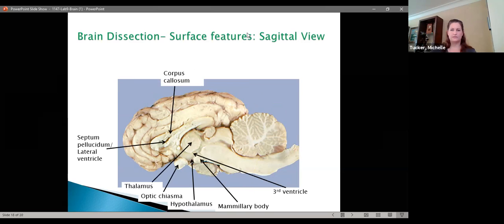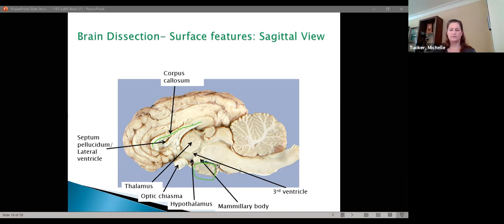This is just, again, showing you that this is the corpus callosum. We have the lateral ventricle, the space that's separated by the septum pellucidum, the thalamus, the hypothalamus, optic chiasma, mammillary body. This structure here is still the pituitary gland that's been left on this particular model.